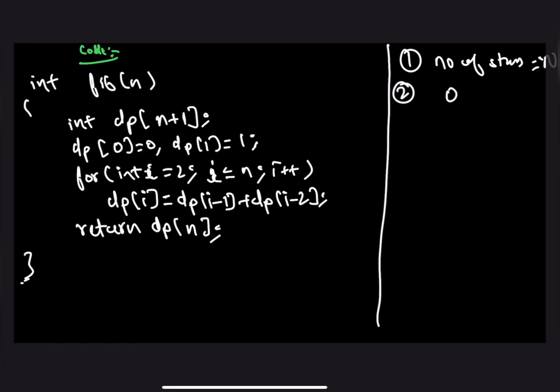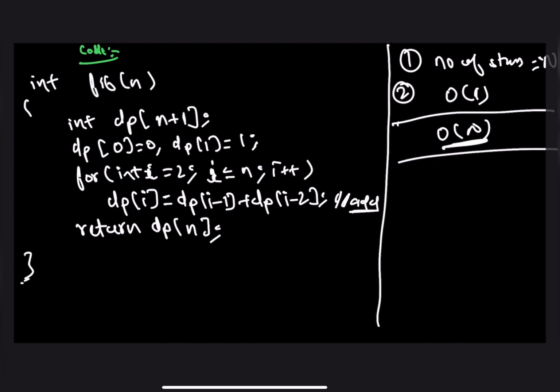That is O of 1, because the time to compute each state is just this simple addition over here. So the total runtime complexity will be equal to O of n. I hope this was pretty straightforward to understand.